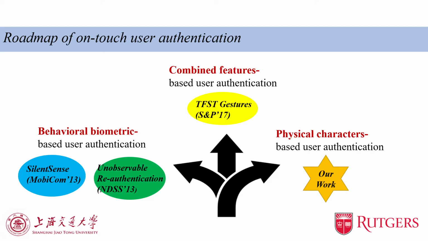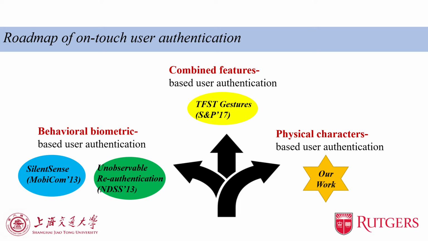If we take a look at the roadmap of on-touch user authentication schemes, there are three basic directions: behavioral biometric-based user authentication, physical characters-based user authentication, and combined features-based user authentication. Most existing works are behavioral biometric-based, which use the behavioral features of touching behavior, for example, touching position, touching time, and touching force, to build a user authentication system.